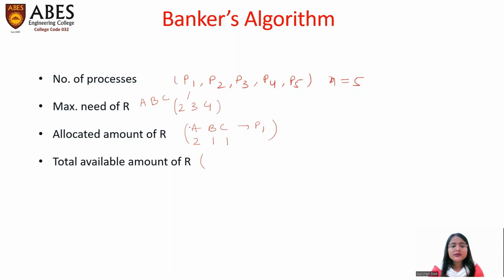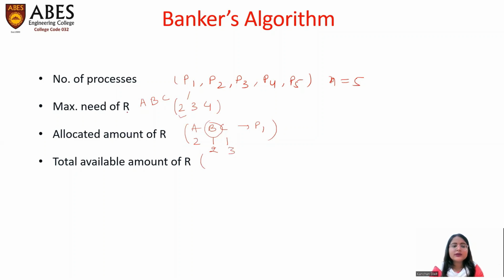Here we can see that A is completely allocated, but P1 will require 2 more instances of resource B. Now for C it is requiring the remaining amount of 3.